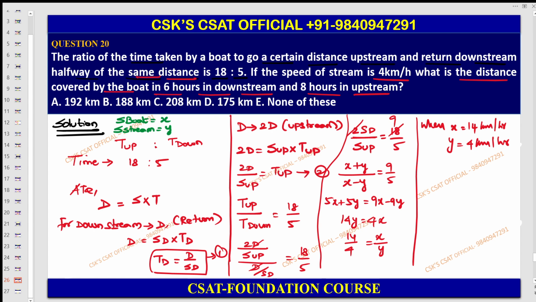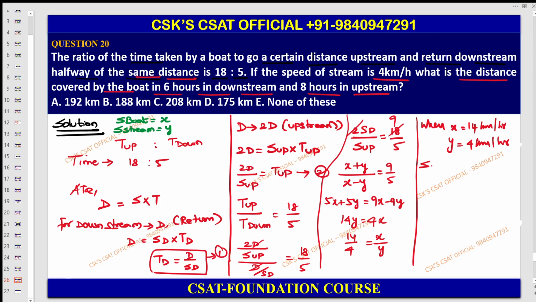After you have found this value, you need to find out the distance covered by the boat in 6 hours downstream and 8 hours upstream. First of all, calculate the downstream speed.